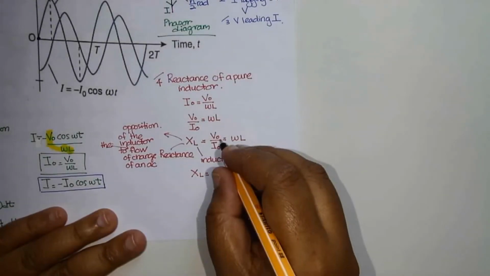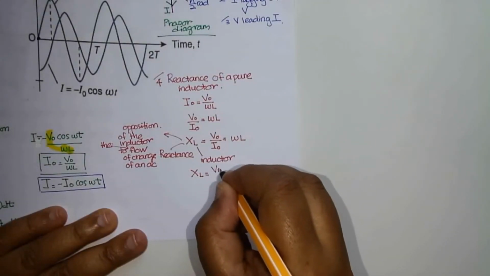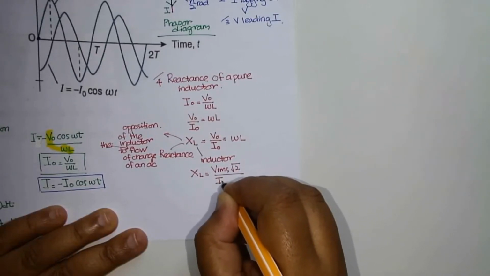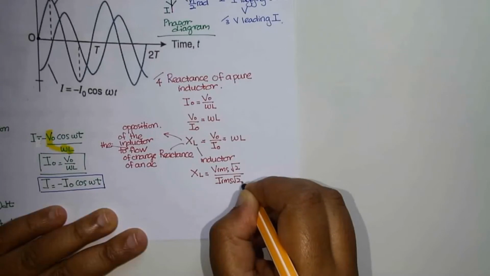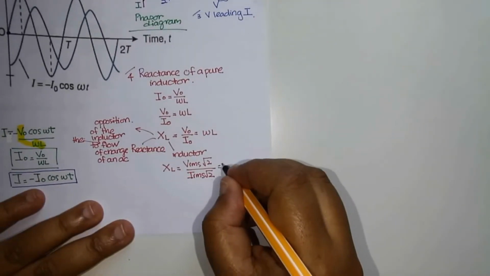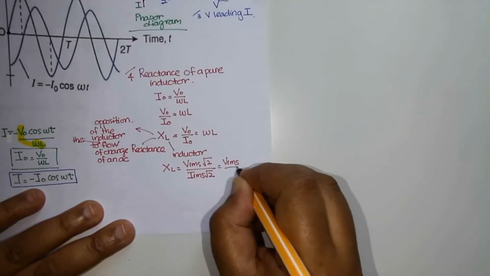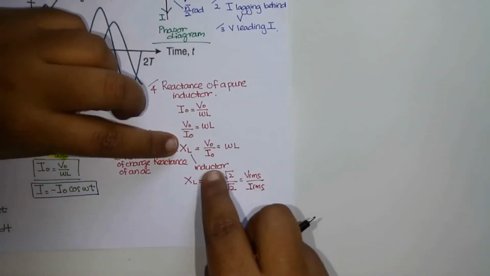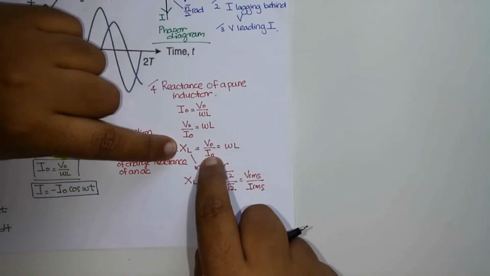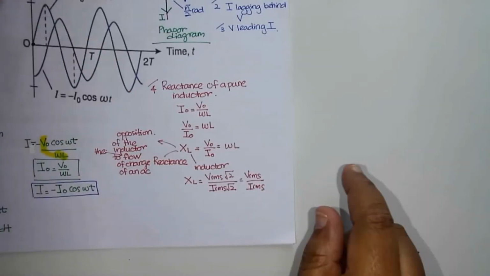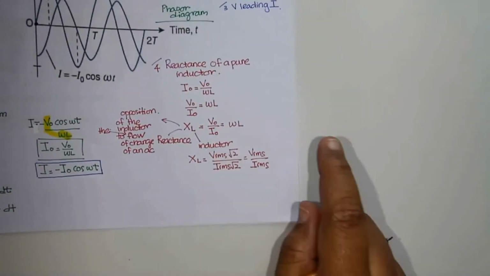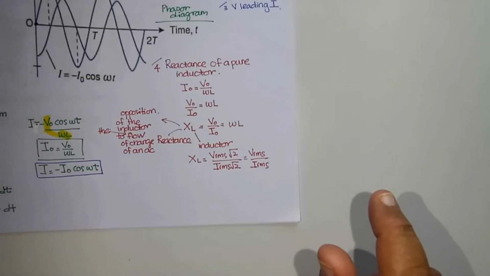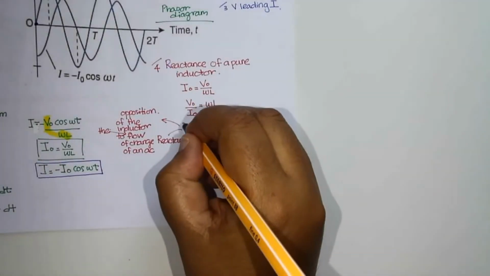We can also say V naught is VRMS times square root of 2, and I naught is IRMS times square root of 2, so XL is equal to VRMS divided by IRMS. This one is reactance in respect to peak, and this one is reactance in respect to root mean square. Alright, so what is important here, let me write down here.